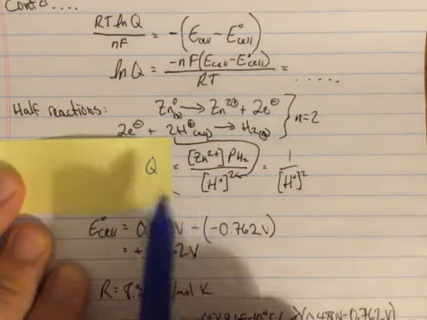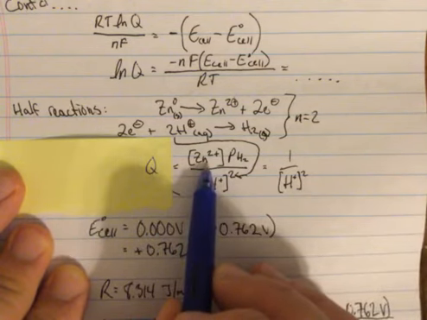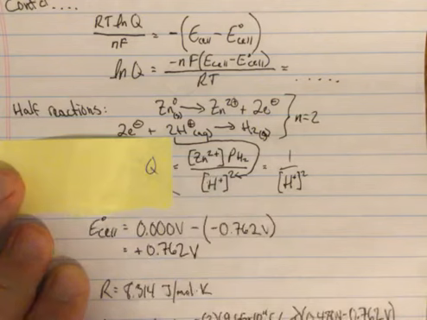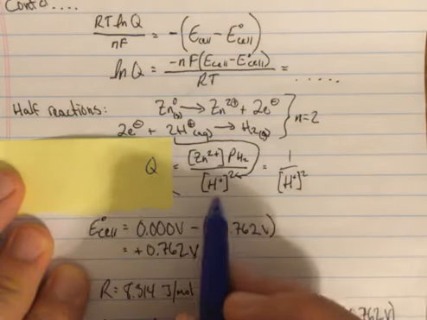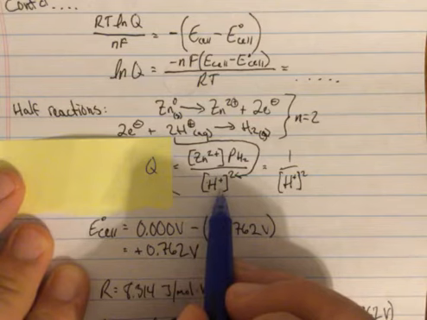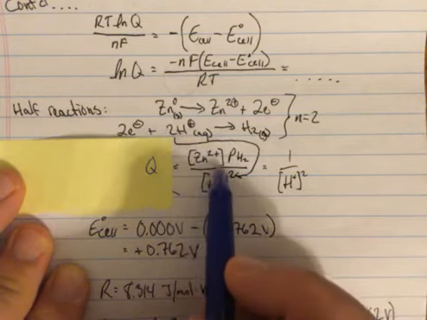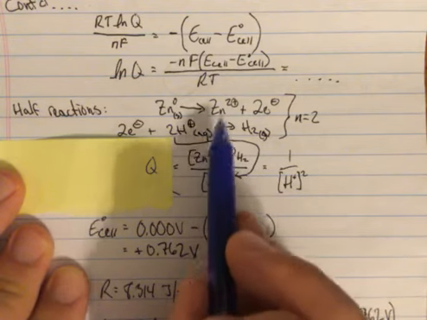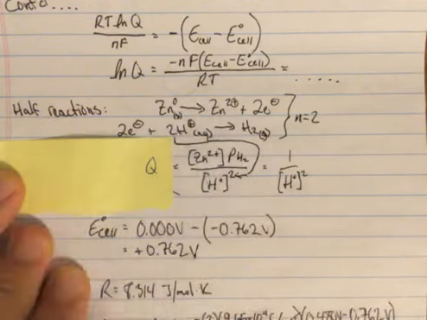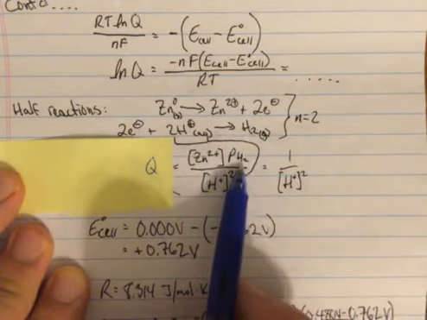Now back to Q. Q is going to be equal to the concentration of zinc plus, and then H plus is going to be on the reactant side. So these are both concentrations in solution: product, reactant. Now this is also a product, so that's going to be the partial pressure of H2.